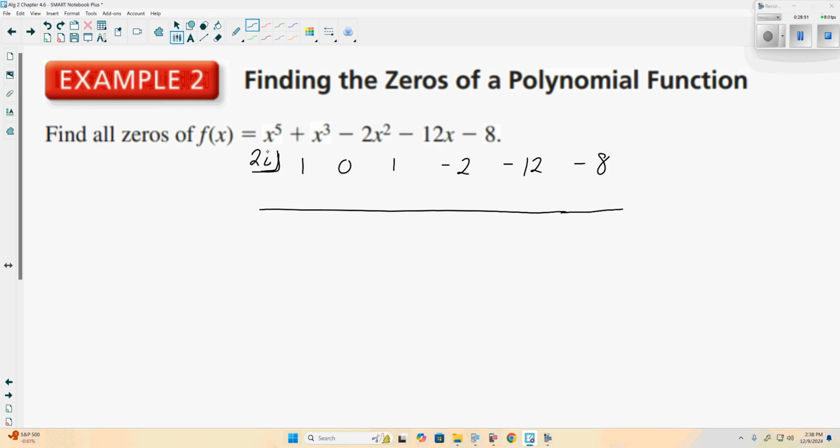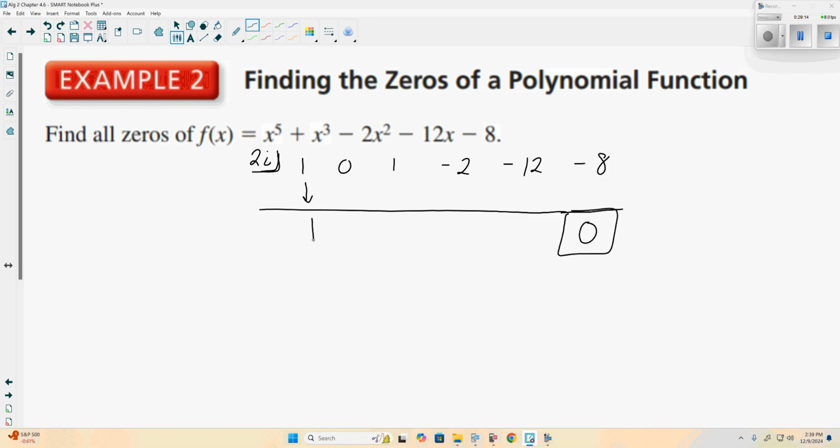Now we said 2i is a solution, yes? According to the remainder theorem, if we plug it in and it gives us a 0, it works. The remainder for this here should be what? 0. Let's see what happens if we do synthetic division with 2i.